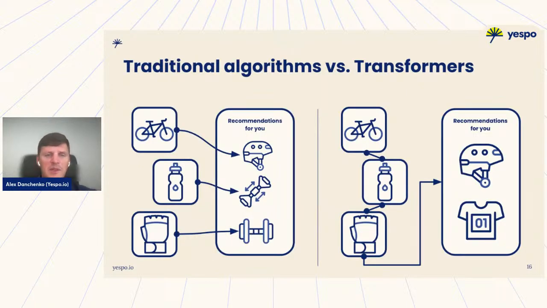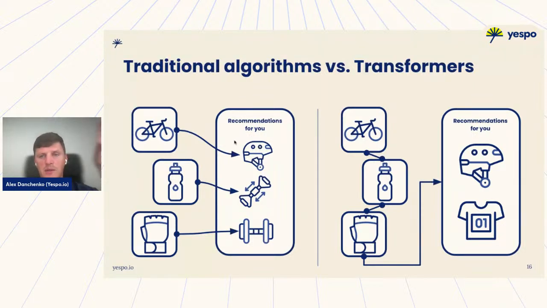To explain a little bit how different transformers are, we try to use some visual examples. The same way as traditional, like I mentioned before, collaborative filtering recommendations, they basically try to find the best next product to your previous product bought or your previous product viewed, and you have a stack of the most probable products that go after the previous purchase.